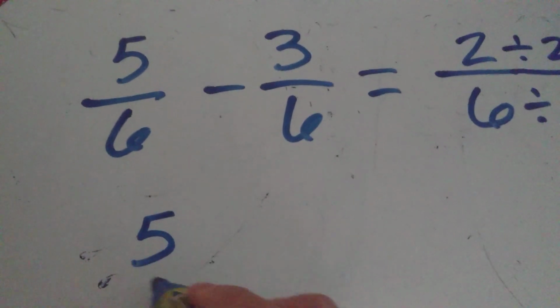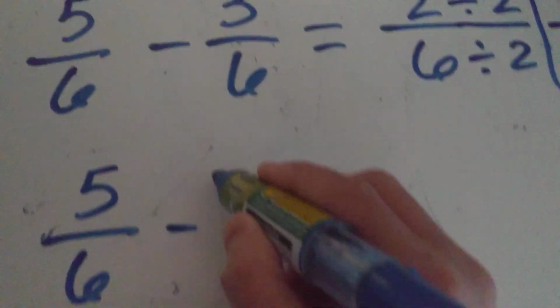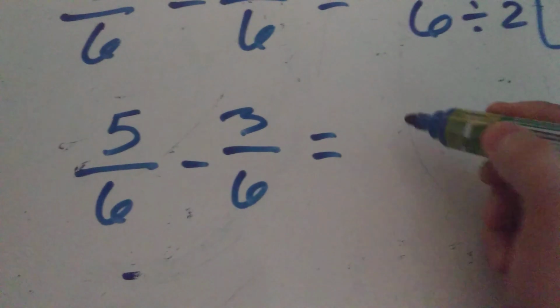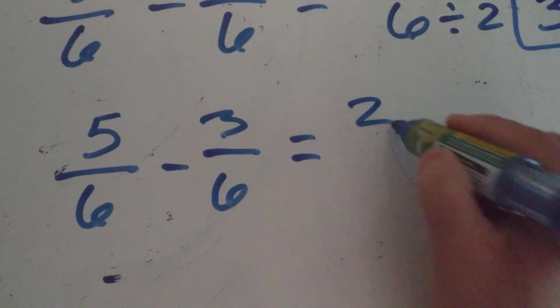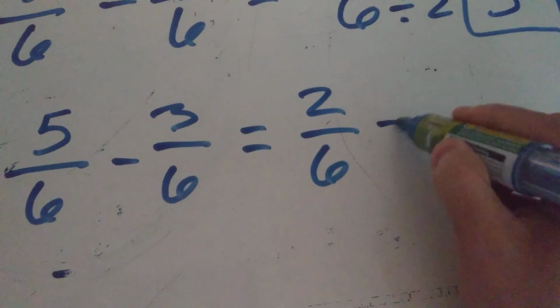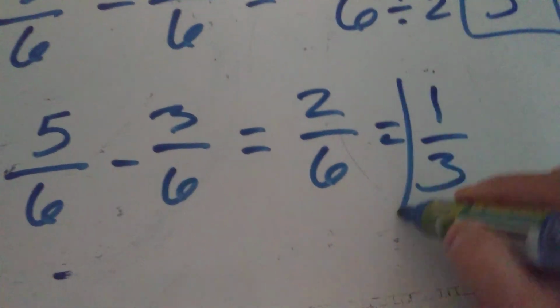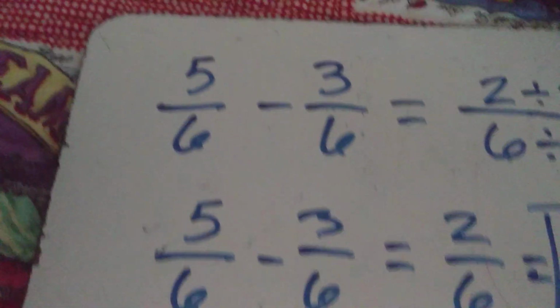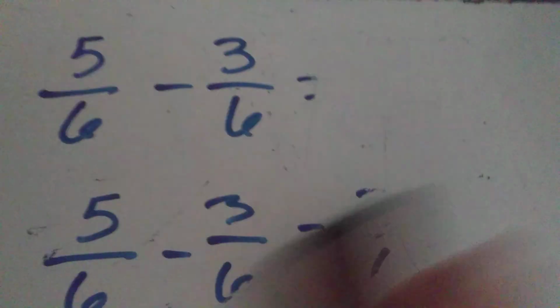We have 5/6 minus 3/6 is equal to 2/6, which is equal to 1/3. And that is in its lowest terms. Let's do one more subtraction problem, and then we'll make some problems for you to practice on your own.